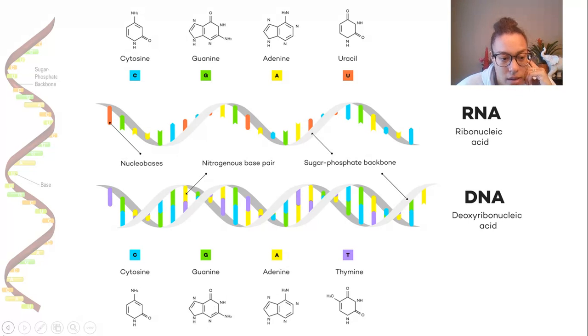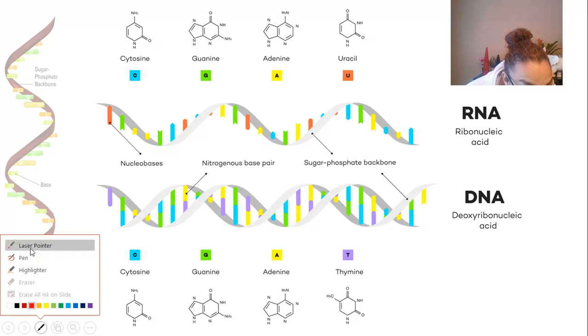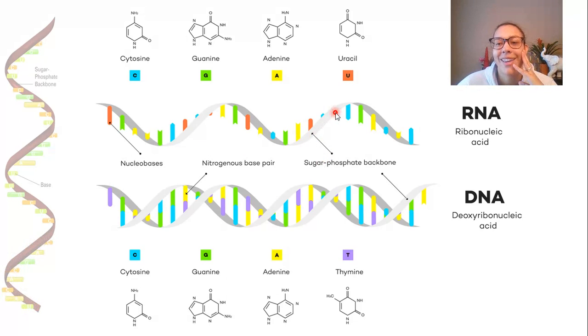Where's my laser pointer? There we go. So here's our sugar phosphate backbone. I know that's not shown there, but remember our sugar is going to have a 5-carbon sugar ring to it. Our phosphate is one of our groups, which is PO4, and those are going to alternate to create that backbone.